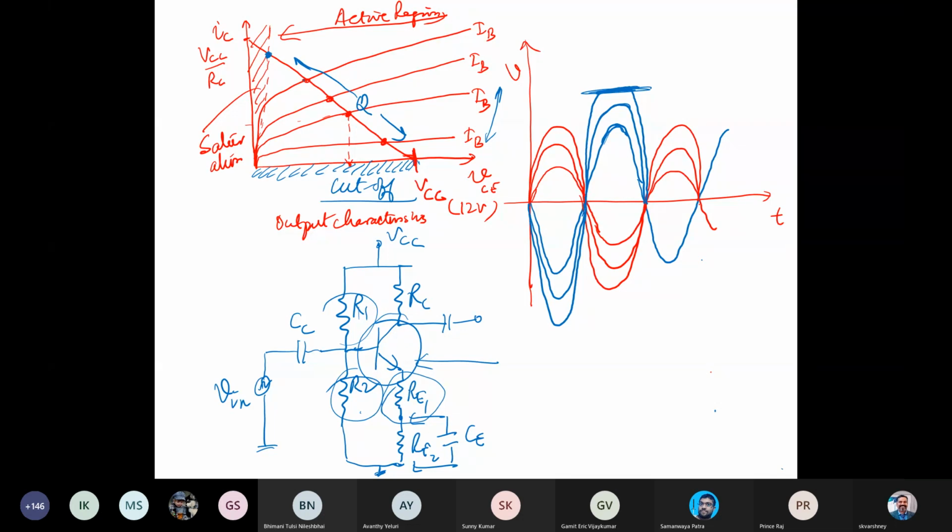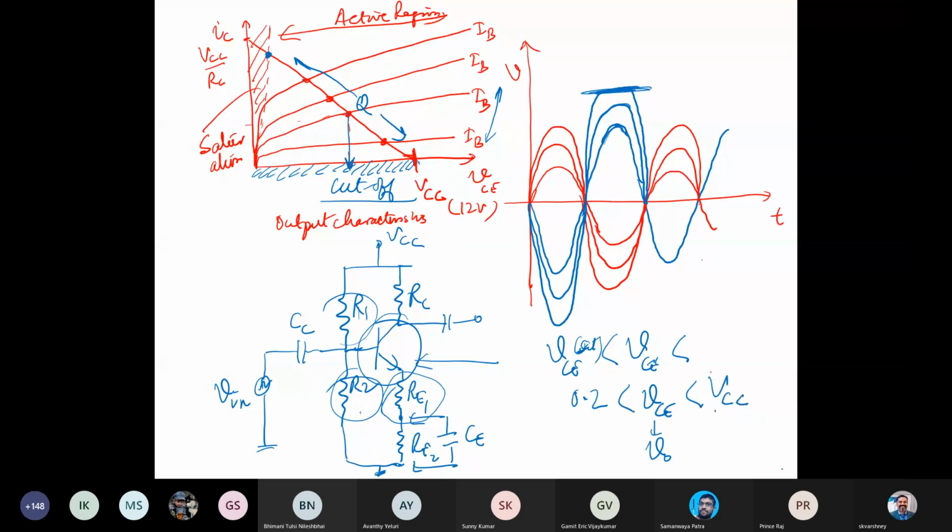We obtain this voltage, not VCC, this voltage, the output voltage VCE. It should be greater than the saturation voltage, VCE saturation, which is around 0.2, but much less than VCC.